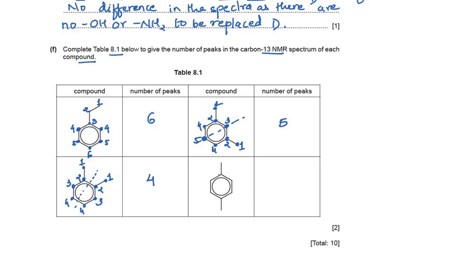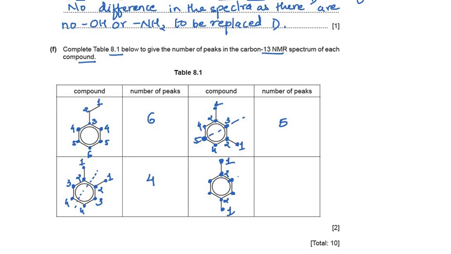Now again have a look at the remaining compound here. Both of these carbons are in the same environment, so they produce the first peak. These 2 are going to produce the second type of peak with a different environment. And now the remaining ones, if you have a look at the structure, are all in a similar environment because adjacent carbons are similar.